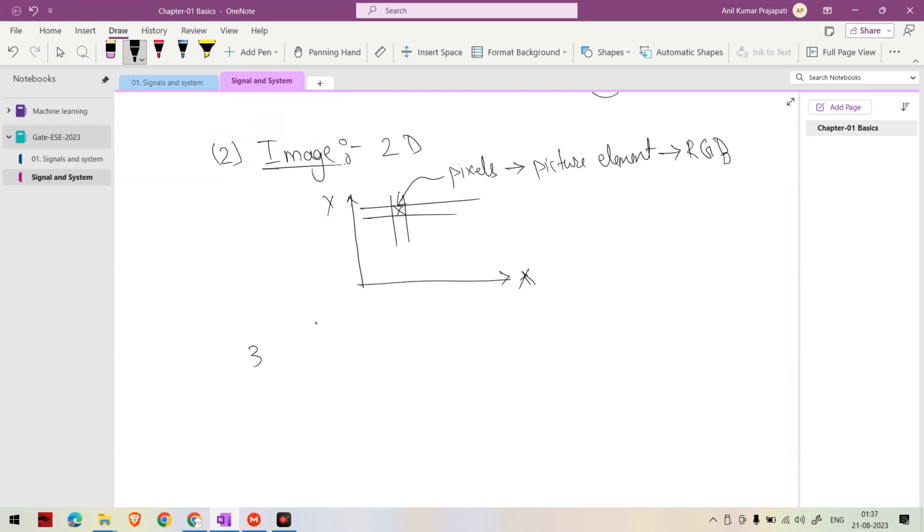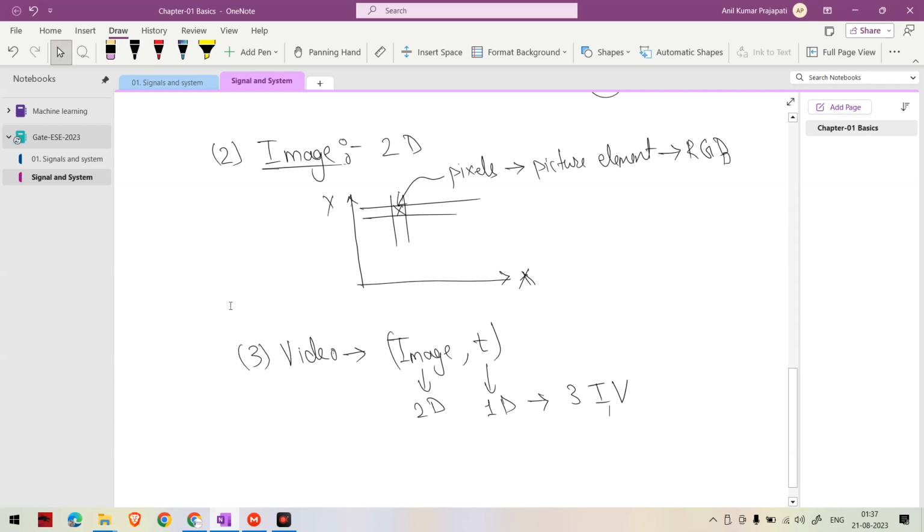Similarly, we have signals with three independent variables. For example, the video signal. A video is nothing but different images, and we are varying the image with respect to time. The image already has two independent variables, and one more is time. So you can say a video has three independent variables.